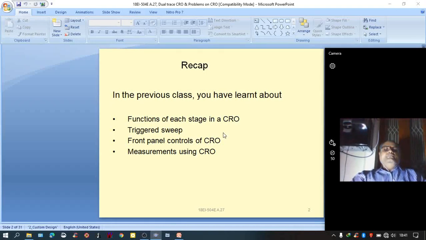Then the electron beam coming out of the control grid will be passed through a set of accelerating anodes. First will be pre-accelerating anode, followed by focusing anode, followed by accelerating anode.